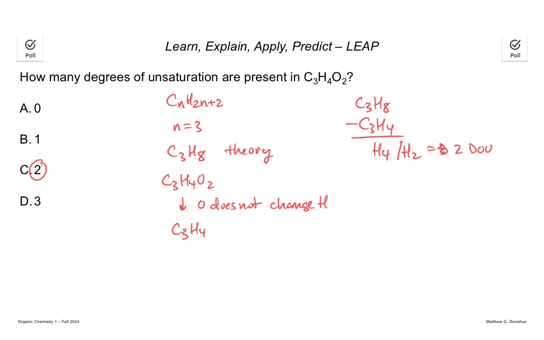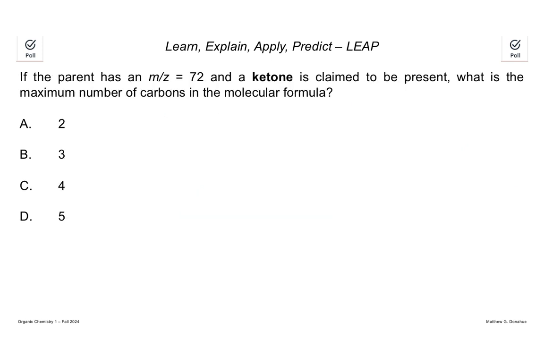And so using those constraints, then we can propose a structure for an ester. And furthermore, we know that 1 degree of unsaturation belongs to the carbonyl. So now we'll do the same exercise, but we're constraining ourselves to the oxygen being in a ketone.